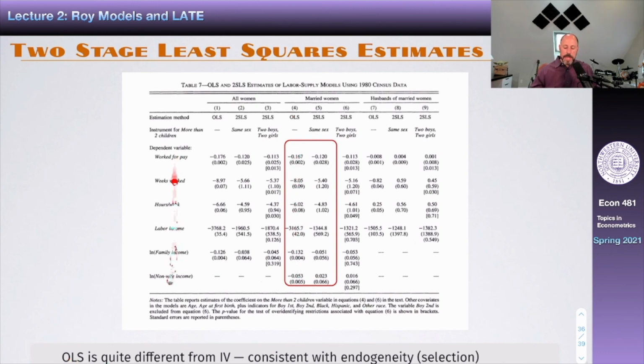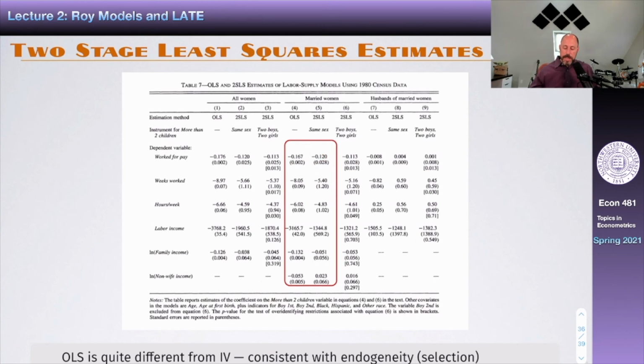And then you compare that with the IV that are here labeled as two-stage least squares. You're going to see that the differences are significant. So these differences are consistent with the idea that you have endogeneity or selection here, right? So if you really believe that these people are making decisions based on factors that you don't get to observe, then you would expect to see a difference between an approach that assumes that such a thing doesn't happen and an approach that relies on the validity of the instrument as an alternative identification strategy.